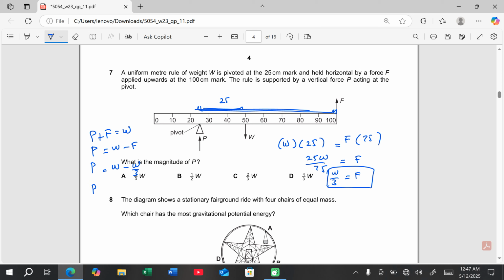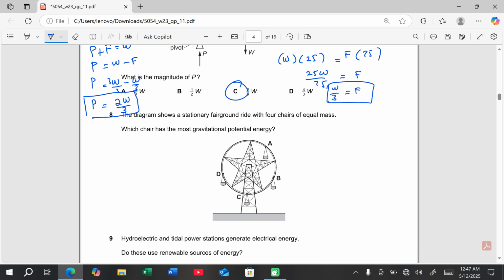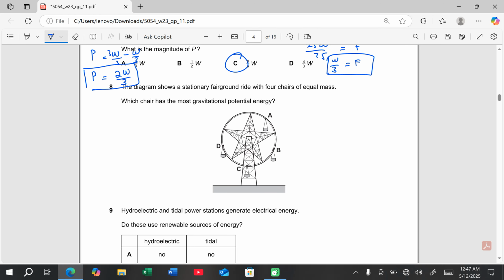So when we find this value, it is going to be 2W over 3. So that's the answer.